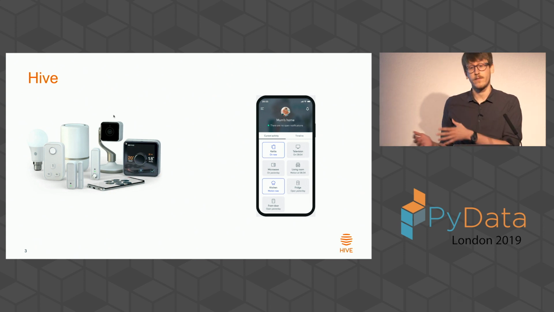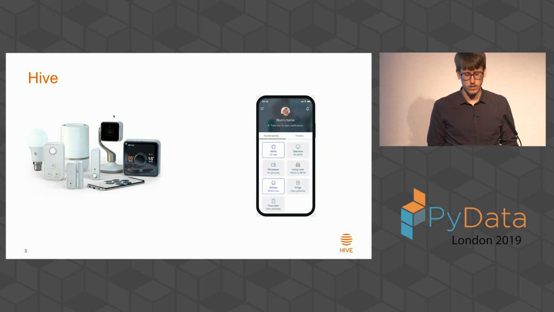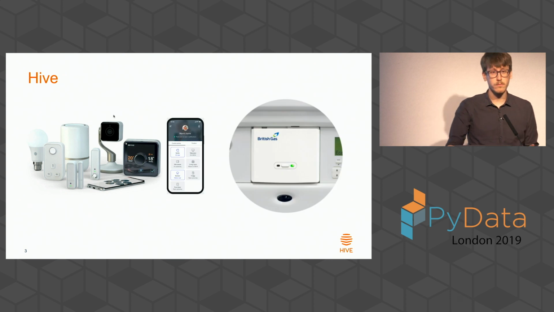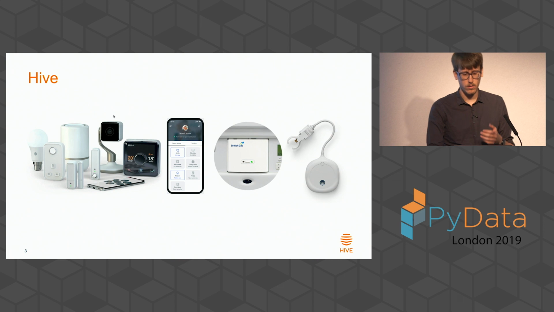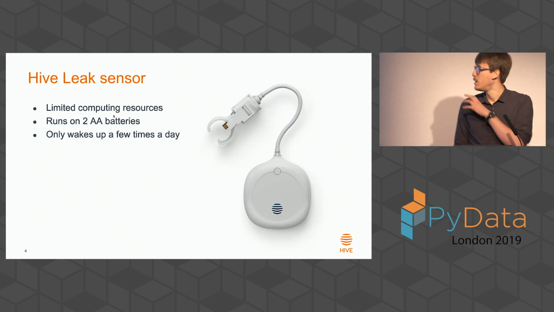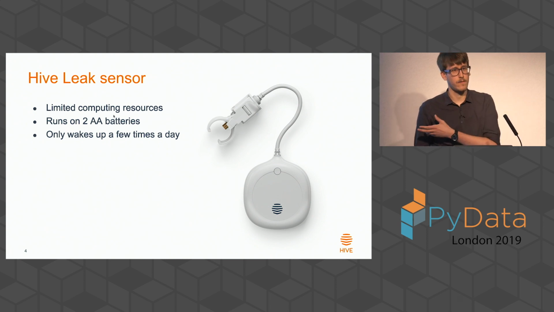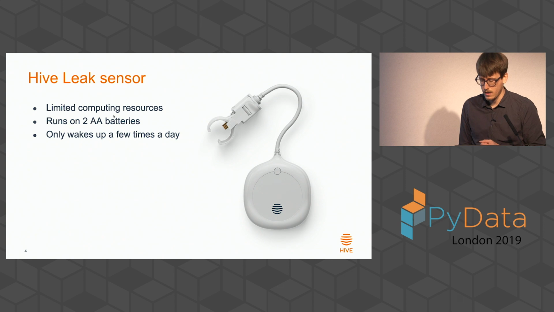You can use our devices to make sure that they are fine and everything is under control in their house. But we also make diagnostics for things like boilers, in this case, or the devices that detect leaks. And I'm actually going to give you a better explanation about this device, because that's what I've been working on in the last year.